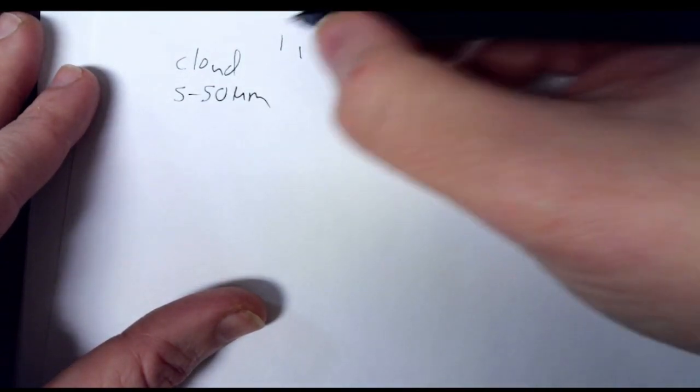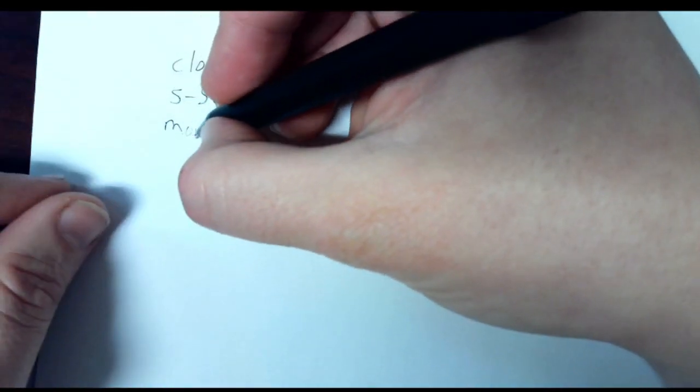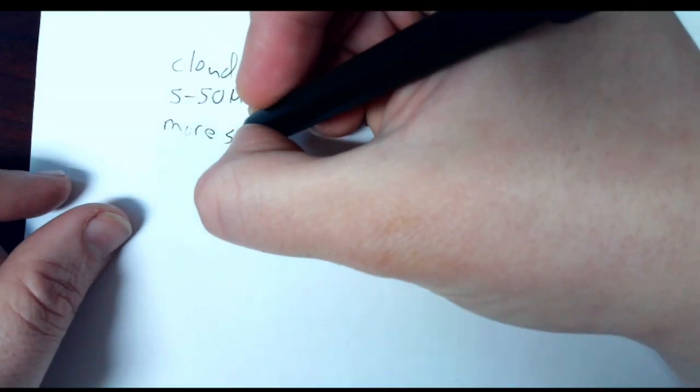So cloud droplets, the sheer number, we have more surface area. More surface area in these smaller droplets.